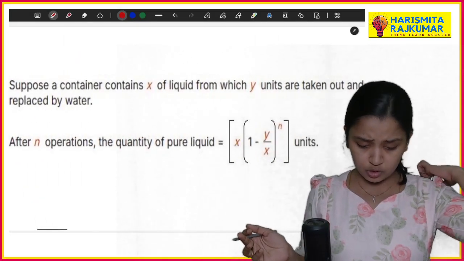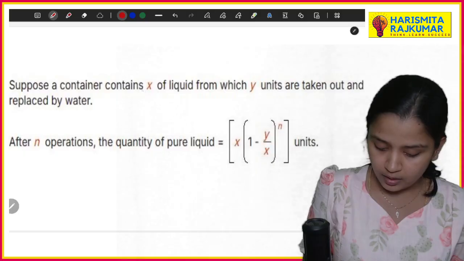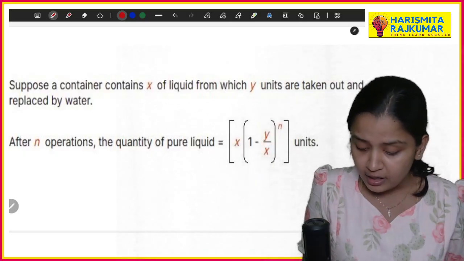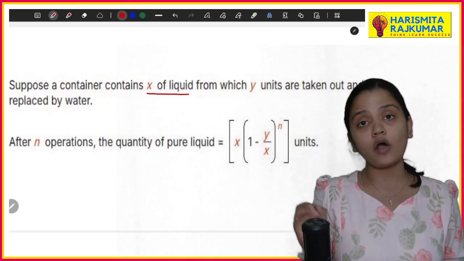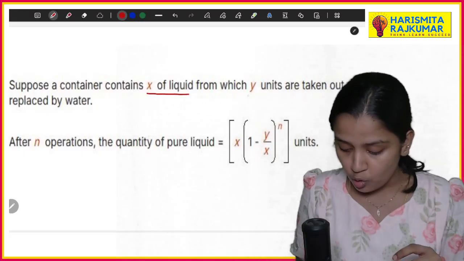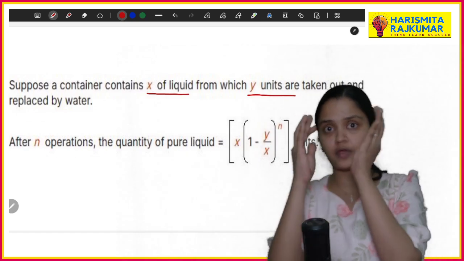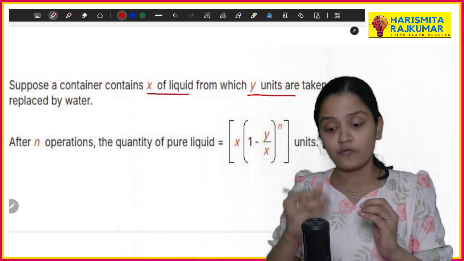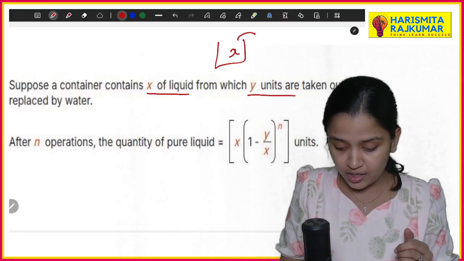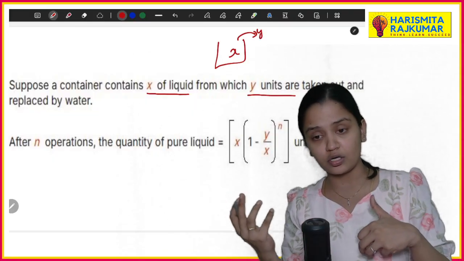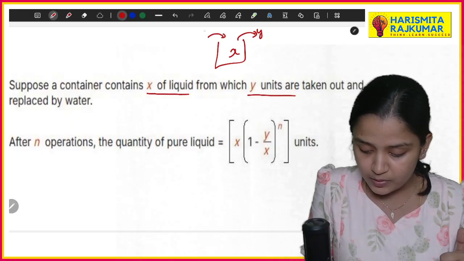Now the next one. Suppose you have a container with X units of liquid, from which Y units of liquid are taken out and replaced with water. Whatever is taken out is replaced with water.